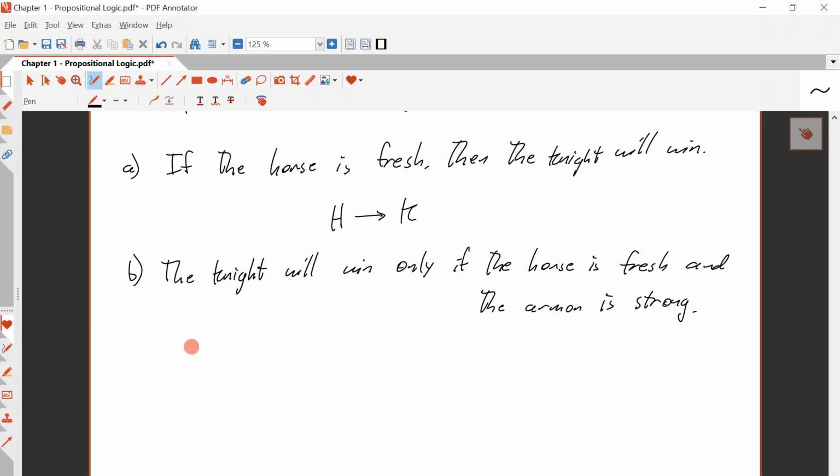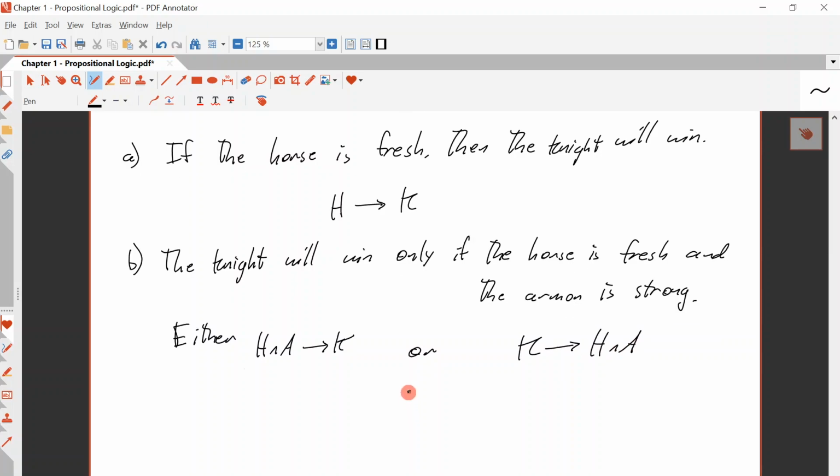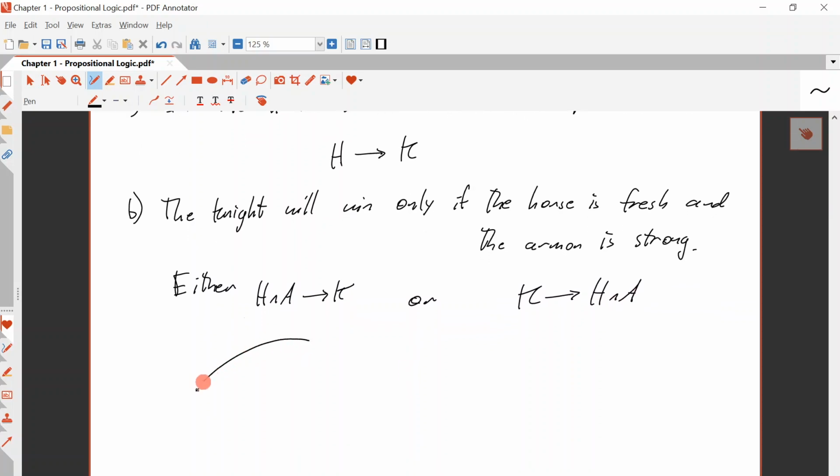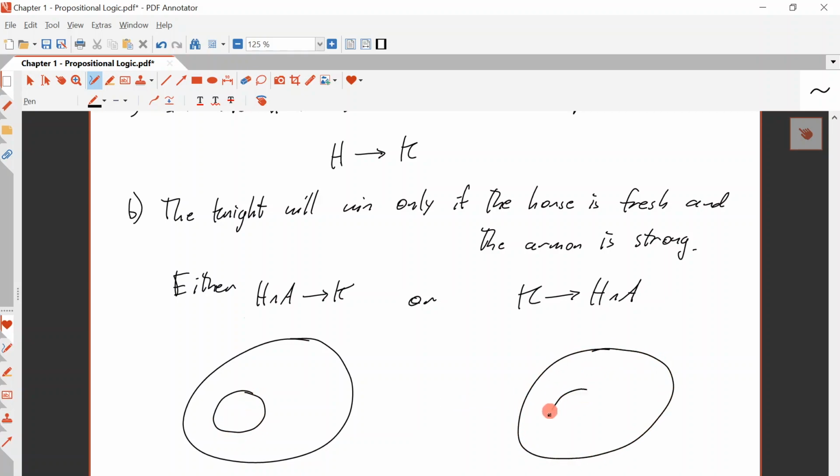So this is either H and A implies K, or K implies H and A. Which one is it? Well, remember how we described implication.